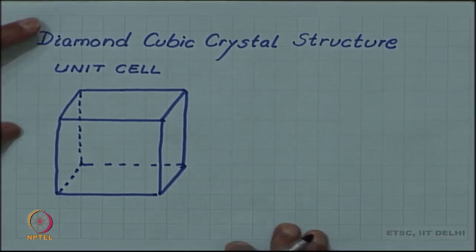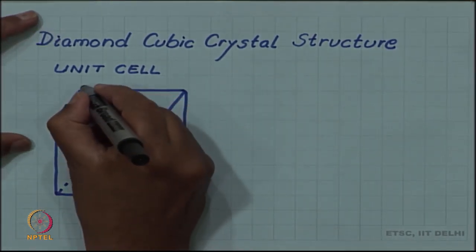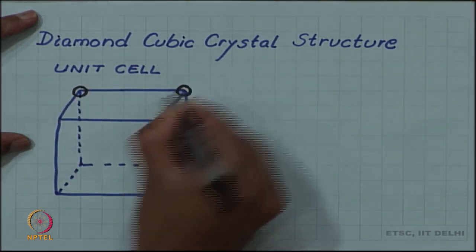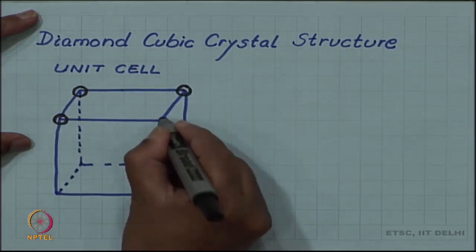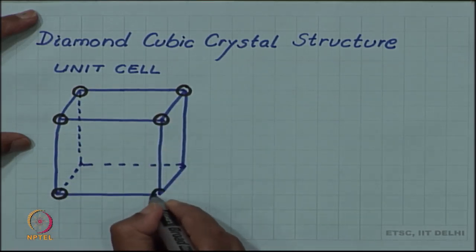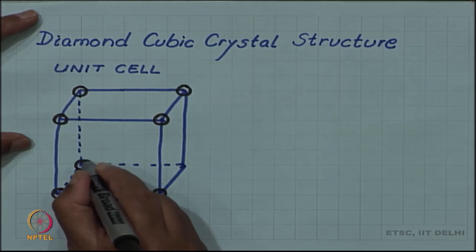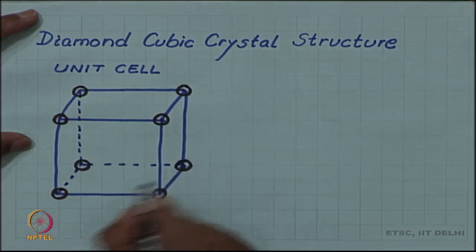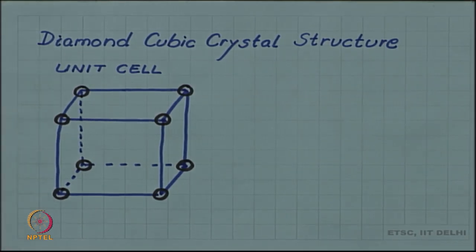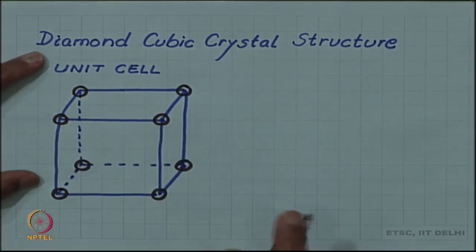So, let us place the carbon atoms now. We place the carbon atoms at all the corners of the unit cell. So, that is the 8 atoms at the corners.